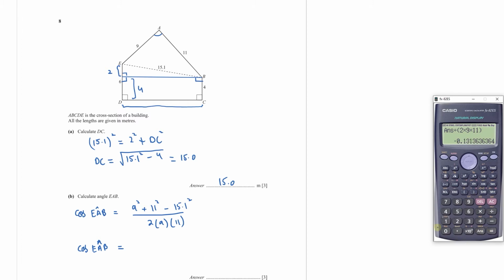So you'll get minus 0.13136, and EAB will be simply the cosine inverse of this.